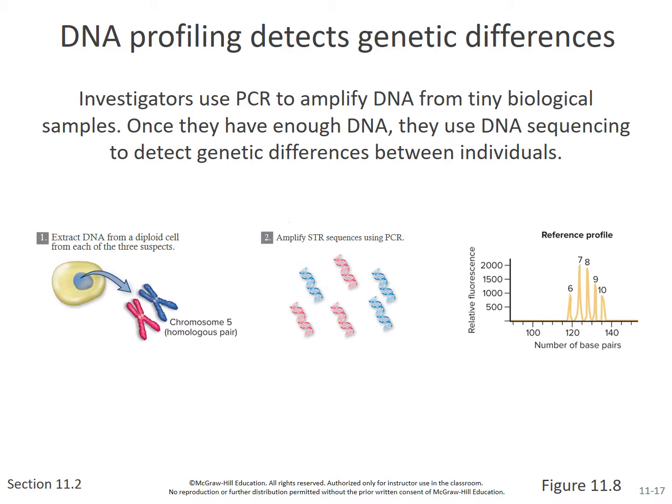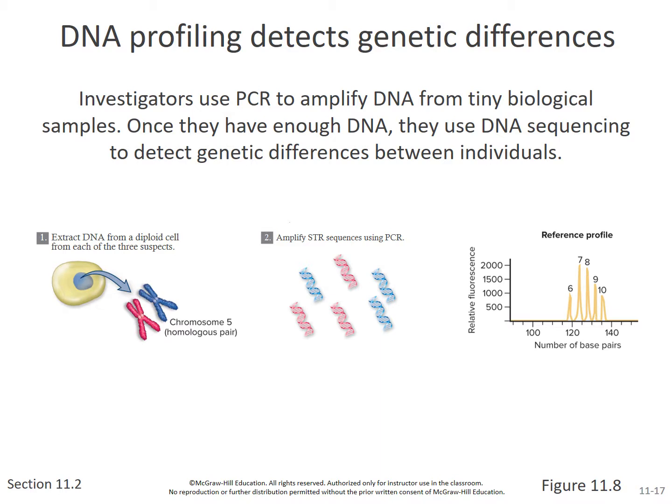DNA profiling is a way of detecting differences between two individuals, either individuals of the same species or different species. And this is one reason why PCR is done. So investigators may use PCR to amplify DNA from a tiny sample to a larger amount of this DNA.